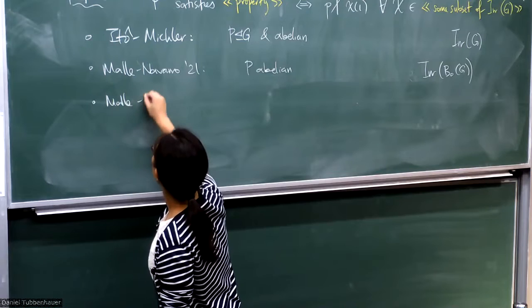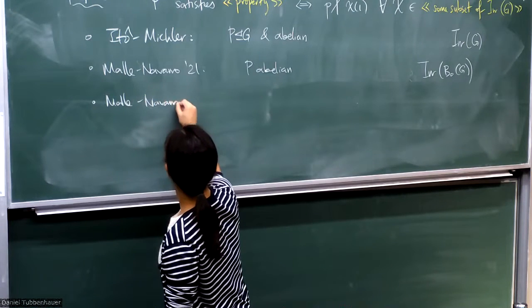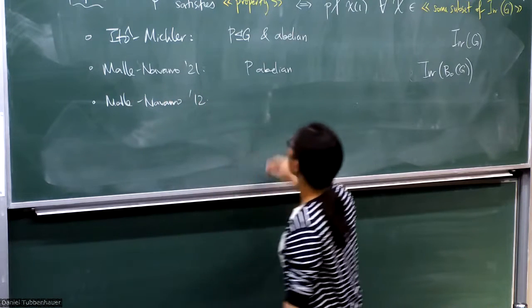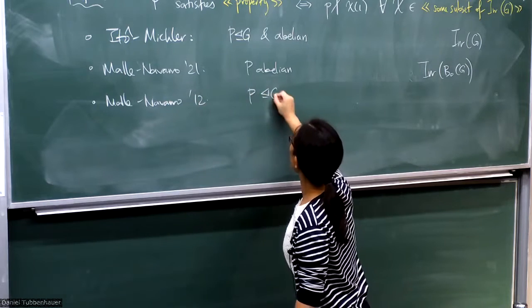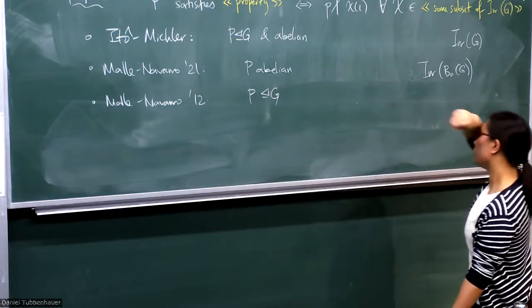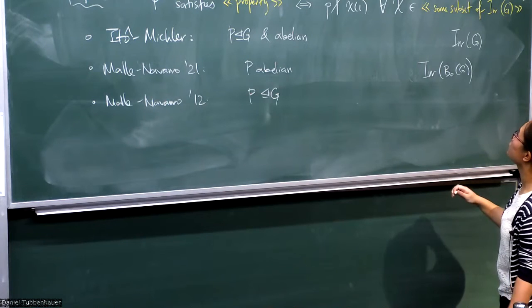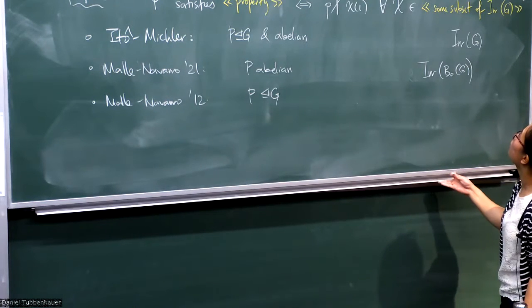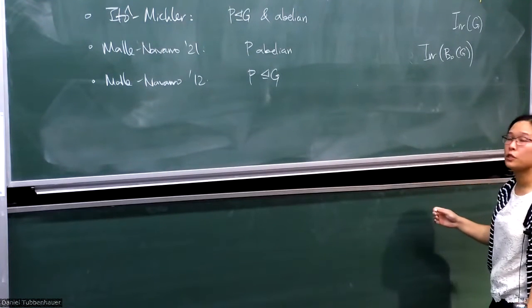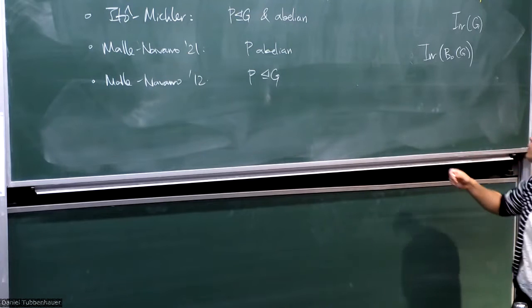Also Malle and Navarro, in 2012: P is normal in G. This is described by the subset of irreducible characters satisfying the following.